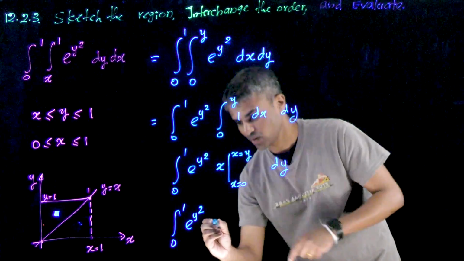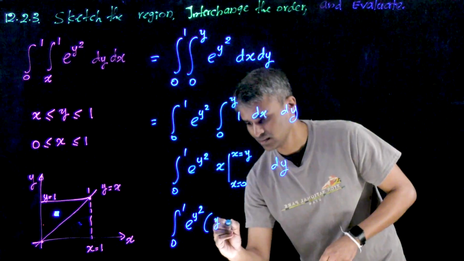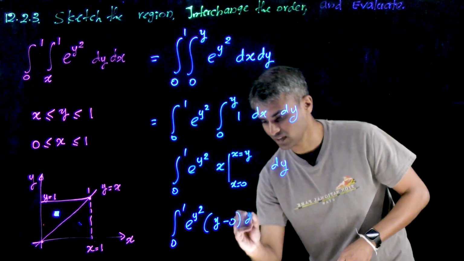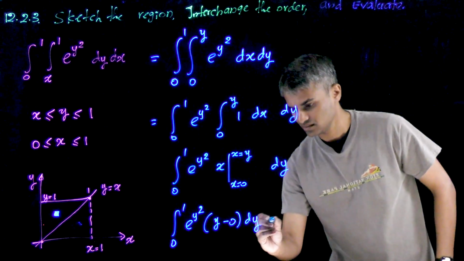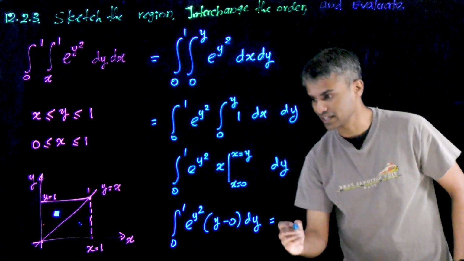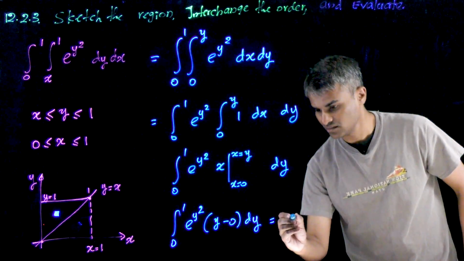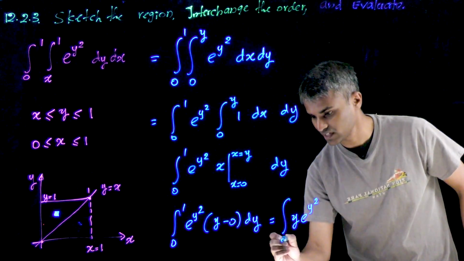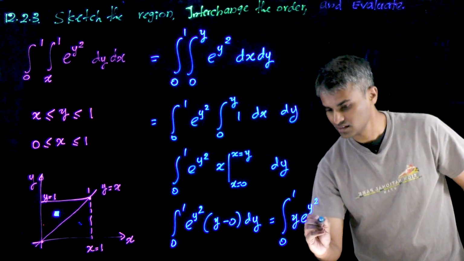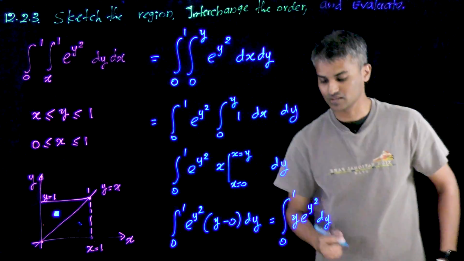Now, x equals y, so you have y minus 0 dy. Okay. Now, if you simplify this integrand, you will get y times e to the y squared, and now we want to integrate this one from 0 to 1.